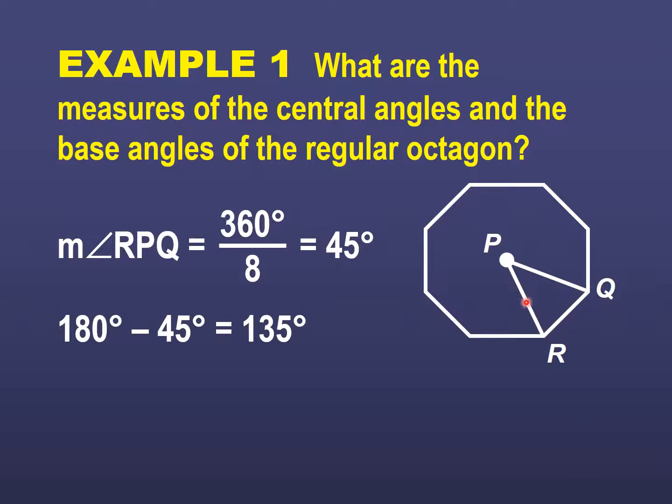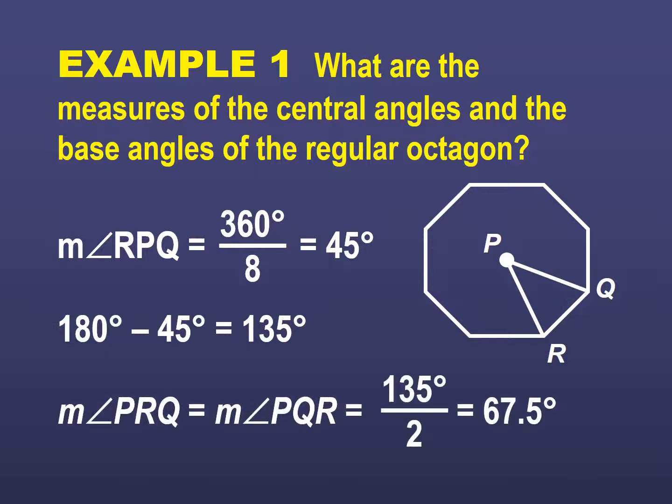We know these two sides are congruent because they're radii, which means this is an isosceles triangle, so our base angles are also the same. Angle R and angle Q are congruent. If they add up to 135, then to figure out each of them, we take 135 and divide it by 2, and we get 67.5 for our base angles.